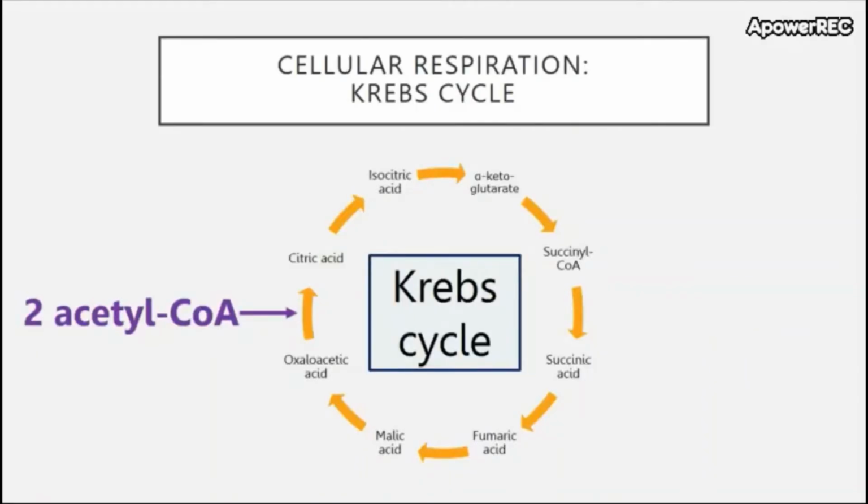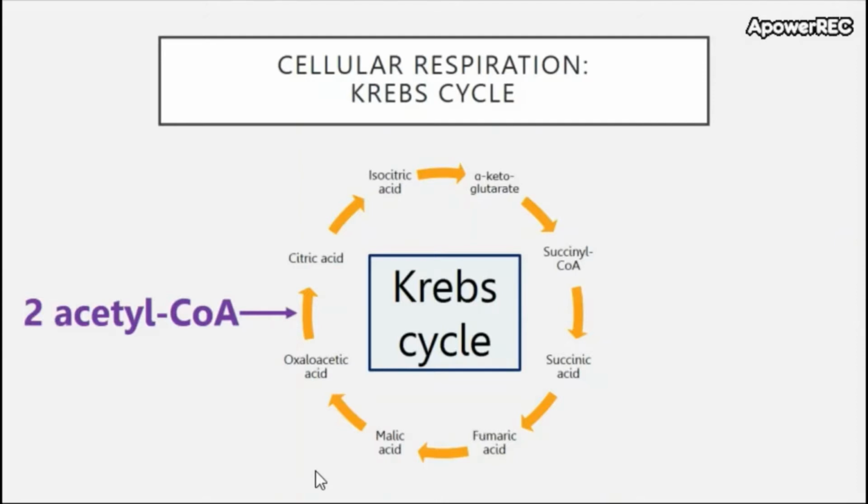So now that we've covered glycolysis and pyruvate oxidation, we're ready to continue following the carbon through the process of cellular respiration. The acetyl-CoAs that have been created are allowed to enter into the mitochondria. Within the mitochondria, these acetyl-CoAs are destined through cellular respiration to enter the Krebs cycle.